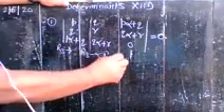Understand? First of all, you try to find the value of this determinant. So your operation is R3 replaced by R3 minus alpha times of R1 minus R2.